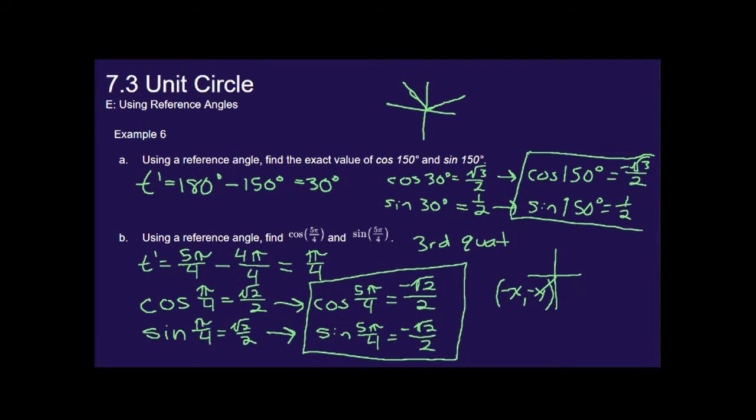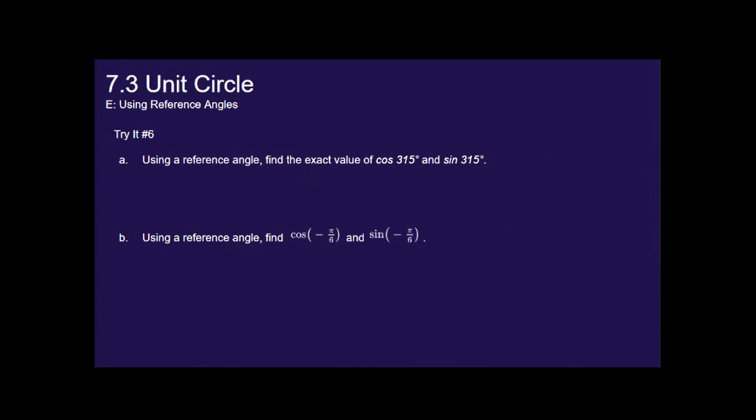Okay, if you didn't understand that, rewatch that section and go step by step and ask me questions if you need to. So here's a try it that you're going to try on your own.